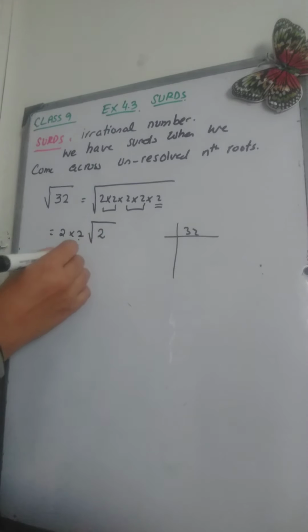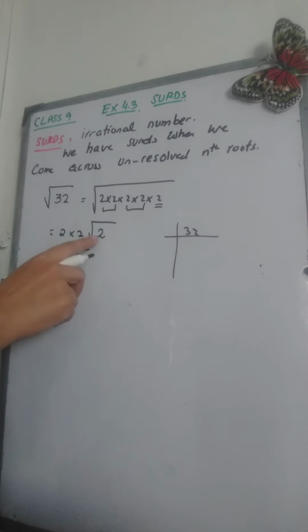Okay, so whenever we have such a question in which we can't resolve the root, okay, the nth root, it can be square root, it can be cube root, it can be fourth root. Whenever something remains under the radical sign, okay, then we say that this number will give us a surd because this number is always an irrational number.